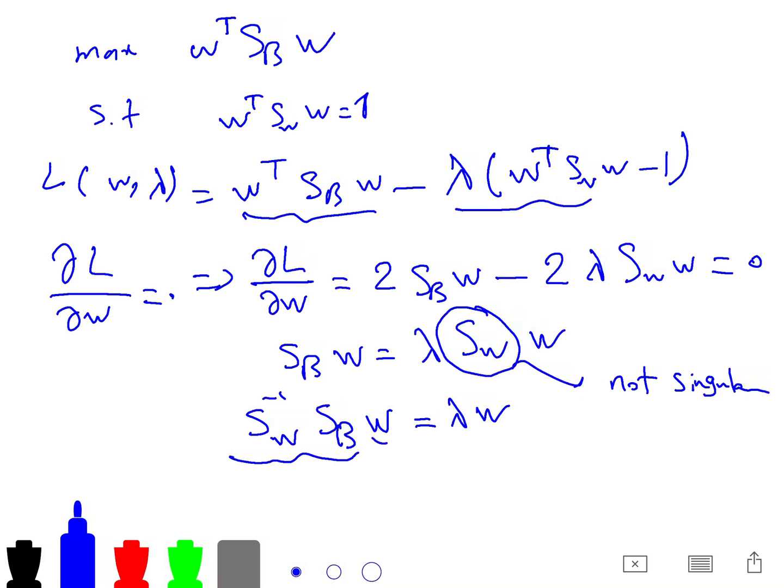So W is the eigenvector of this problem. So it's a generalized eigenvalue problem.